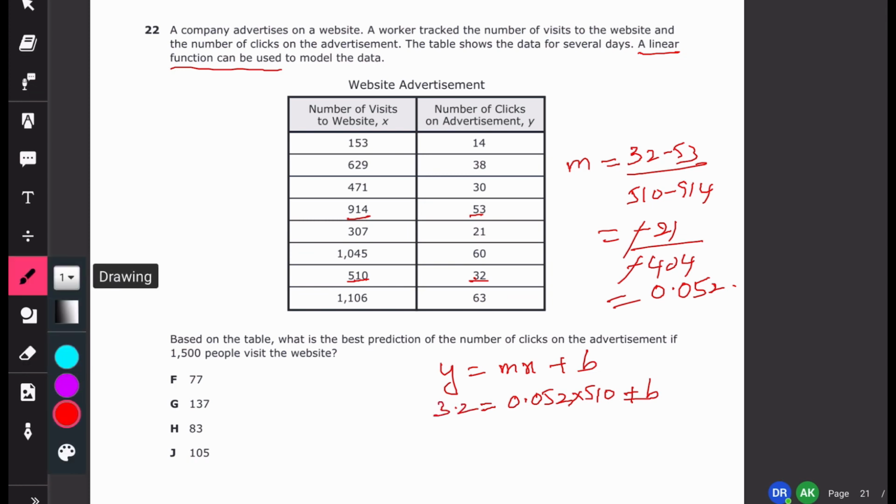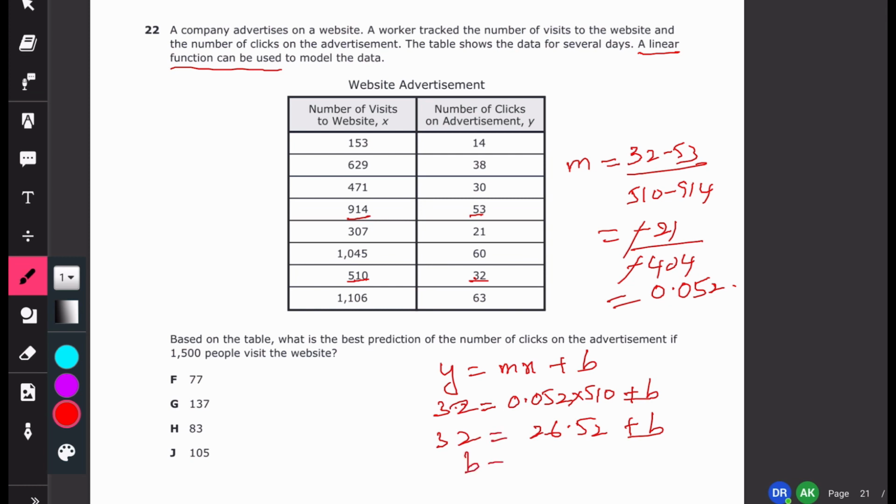So what is b? We'll see. Using the calculator, 510 into 0.052 is equal to 26.52. So you're getting here 26.52 plus b. So here 32 is equal to that.